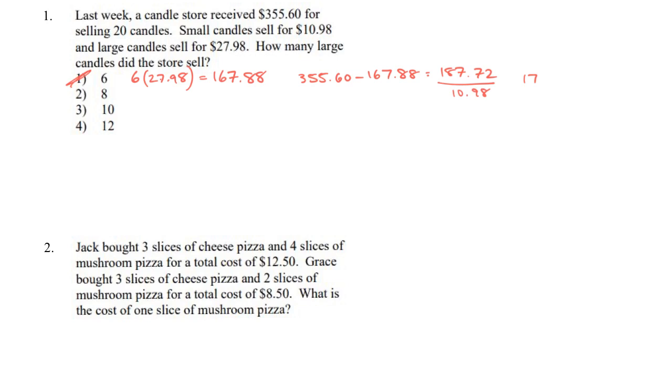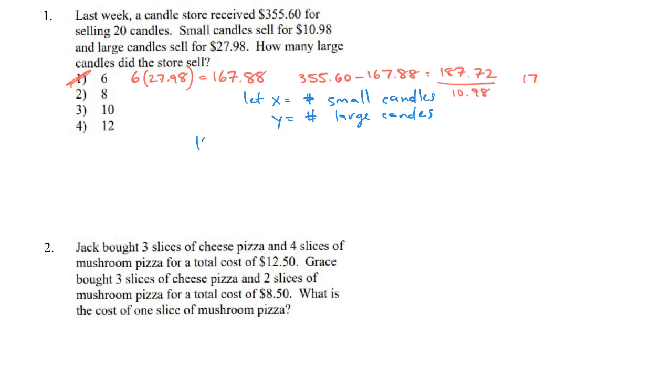All right, so let's do this a different way, like an algebraic way. Let x be the number of small candles, and let y be the number of large candles. In that case, I can write two equations.